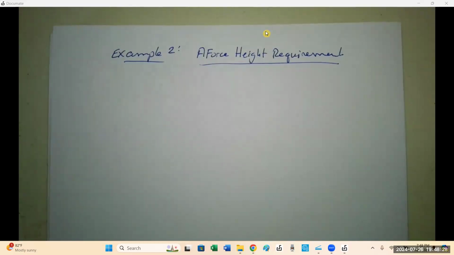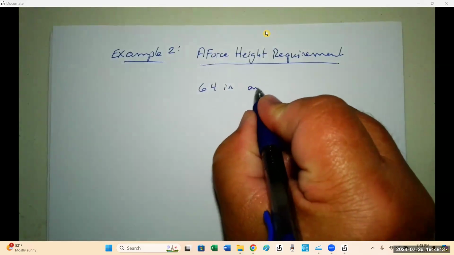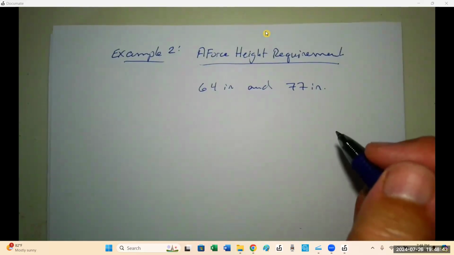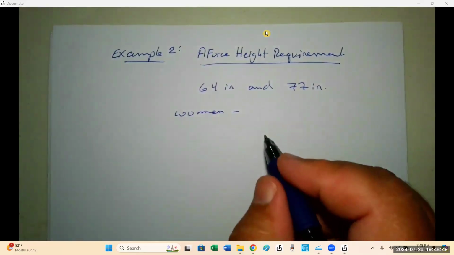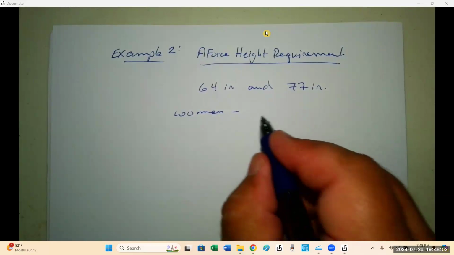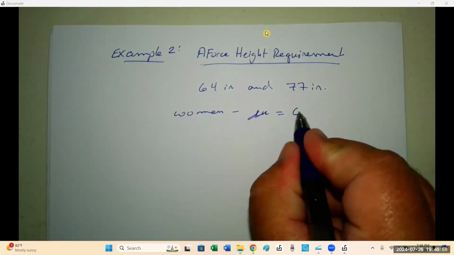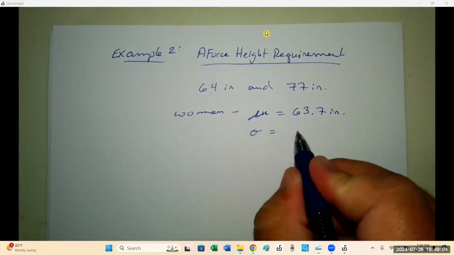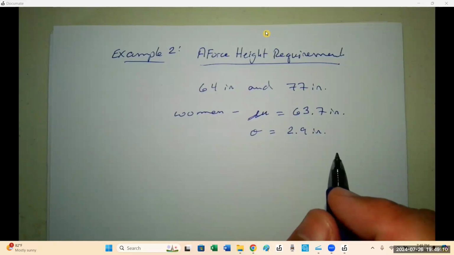Until recently, the U.S. Air Force required that pilots have a height between 64 inches and 77 inches. Heights for women are normally distributed with a mean of 63.7 inches and a standard deviation of 2.9 inches. What percent of women meet the height requirement?